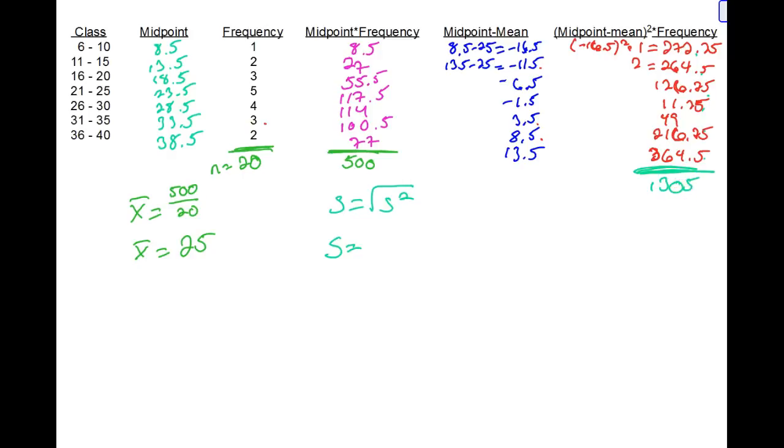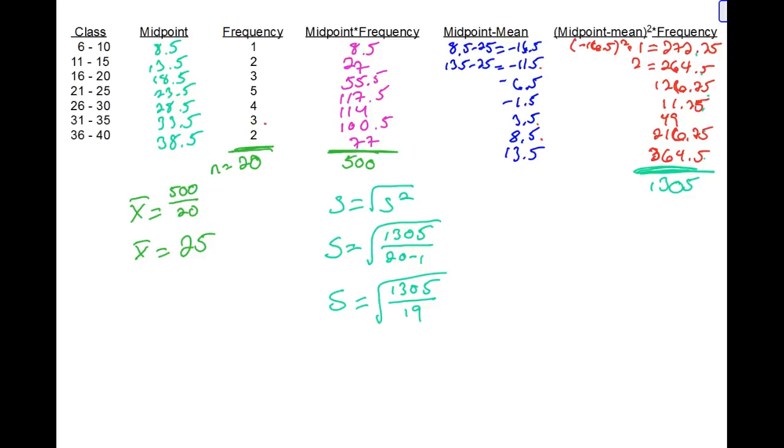Stop the video at any time and check the math, see if you're getting the same thing. So I'm going to take 1,305, and I'm going to divide, since this is a sample, by 20 minus 1. And I'll eventually take the square root of that. So that's going to be 1,305 divided by 19, taking the square root of that.